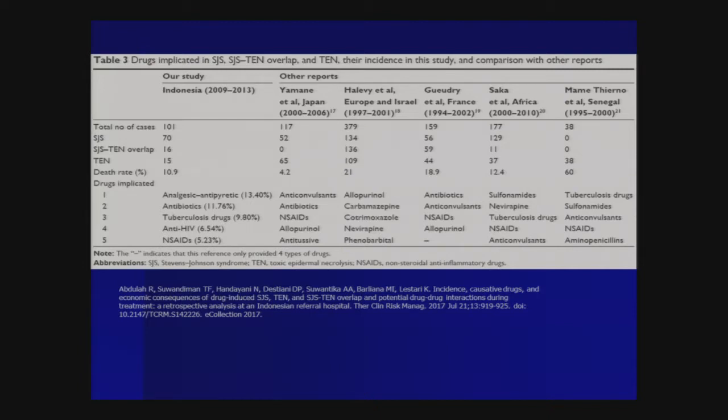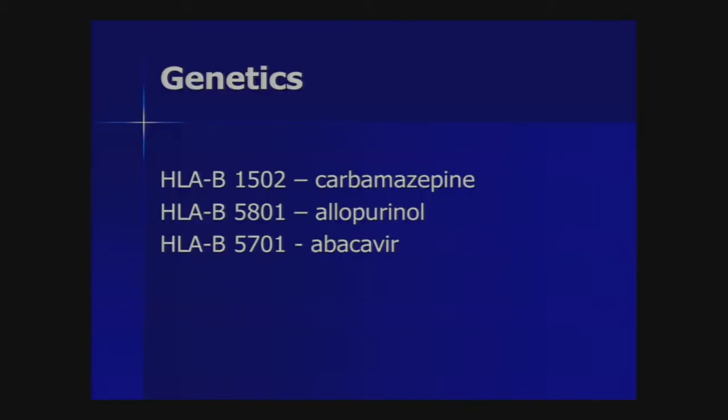So in Indonesia, they did a big study, and they found that most of theirs was caused from Tylenol. And then it was antibiotics and things like that. And in Japan, it's more of the anti-seizures. Europe was more allopurinol. France, antibiotics. And this all really comes down to, we found that there's a lot of genetics involved with Stevens-Johnson syndrome. So there's a lot of these HLA subtypes that in different populations you're more likely to get Stevens-Johnson syndrome from getting these certain medications.